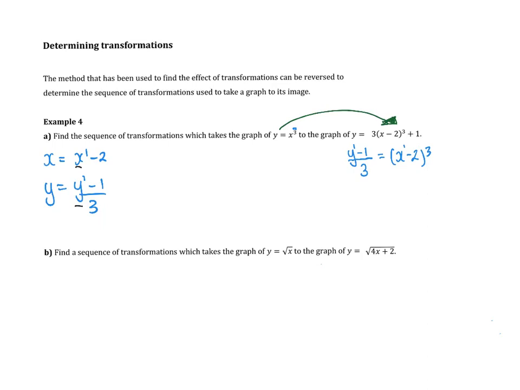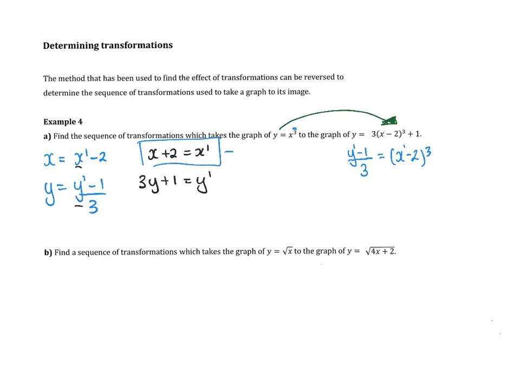Remember, we would have rearranged that. So if I move it back, I would have x plus 2 equals that, yes? And then this one would have been 3y, yeah? Plus 1 equals thing.